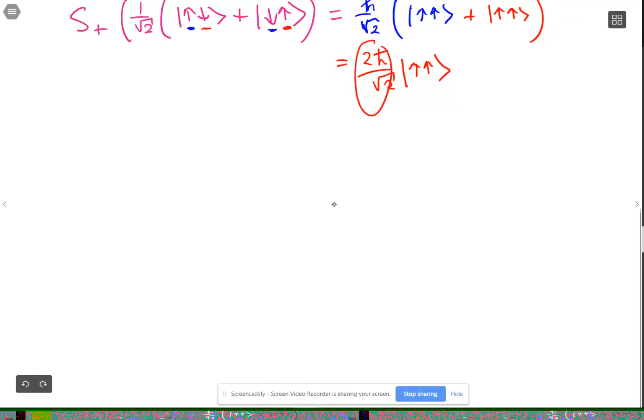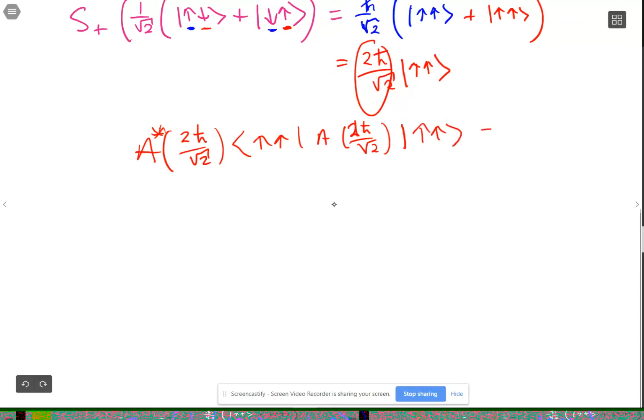So we just take a times this stuff. We find that it's equal to 1. We find what a is.